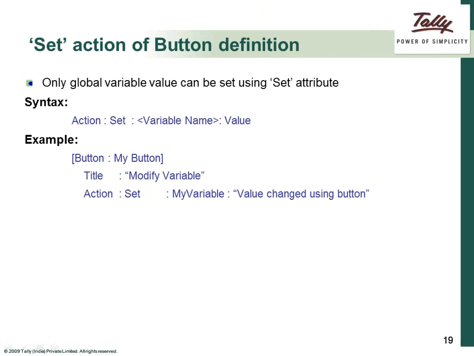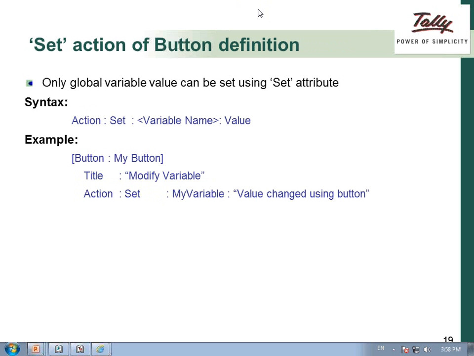Then at button level, there is an action called set. This action takes a variable name and the third parameter as the variable value. It is similar to set that we have at the report level. However, the difference is at report level set is considered to be an attribute and at button level set is considered to be an action.